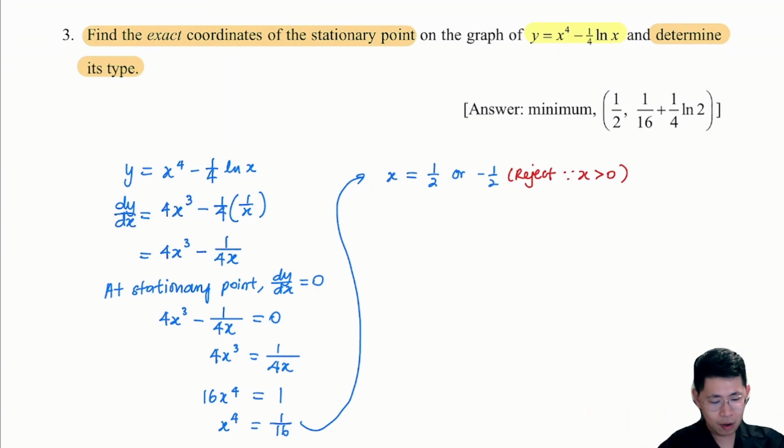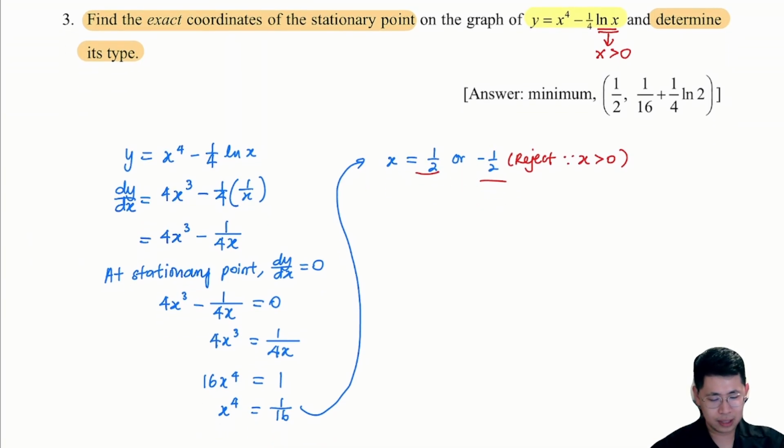However, for ln x, there is no such thing as ln of a negative number or even ln 0. So because of this ln x, it will restrict x to be greater than 0 only. So the values of x that we will consider are just positive values of x, which helps us to restrict to this.